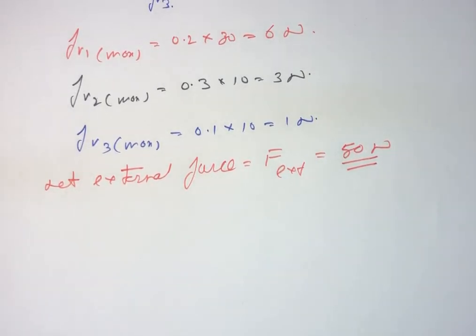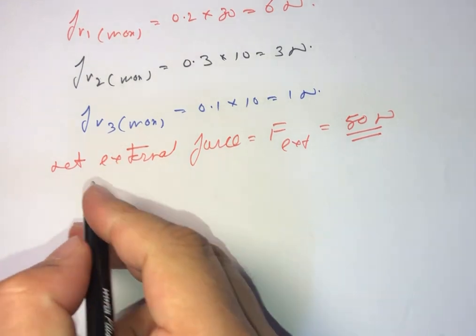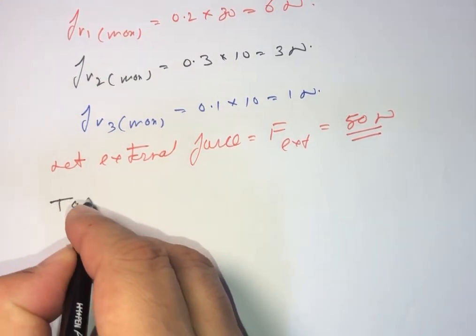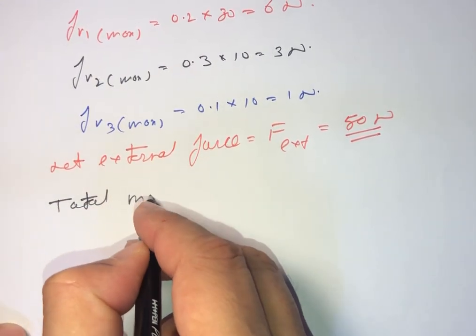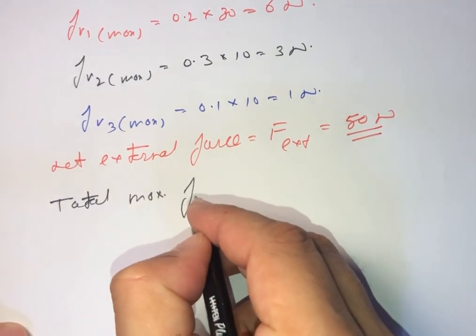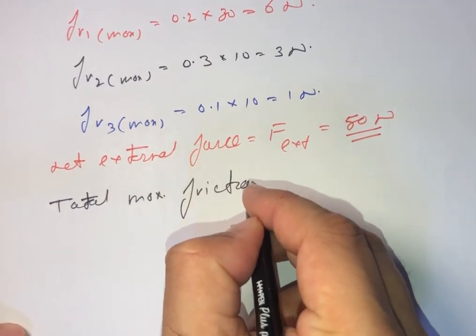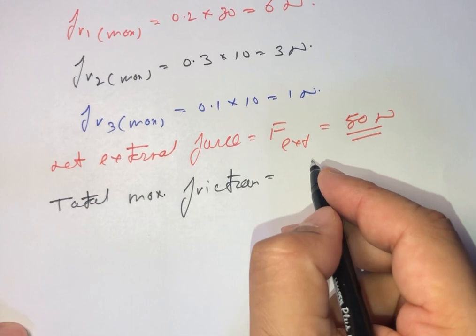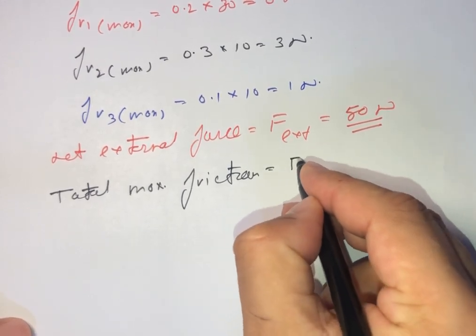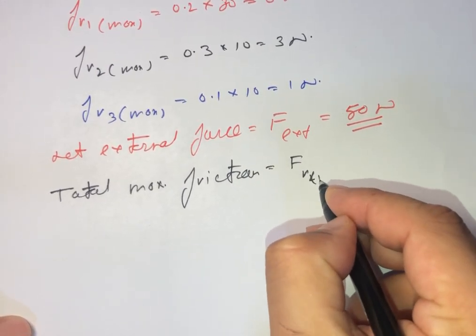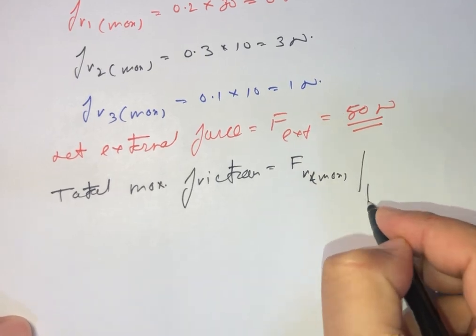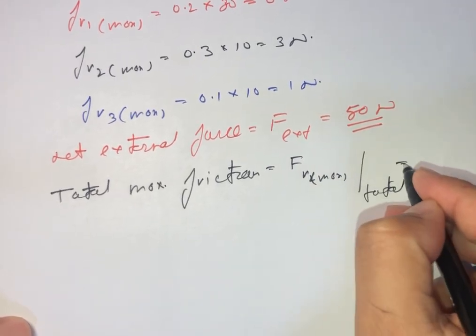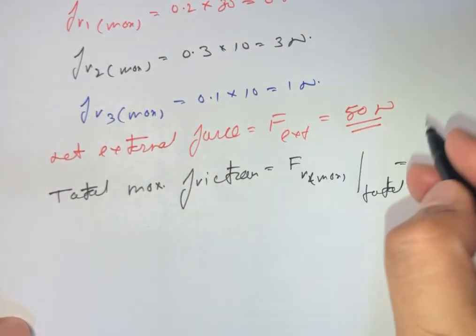And we have the total maximum friction force, which we call FR max total, which will equal 6 plus 3 plus 1.